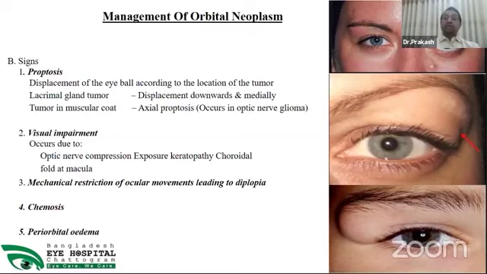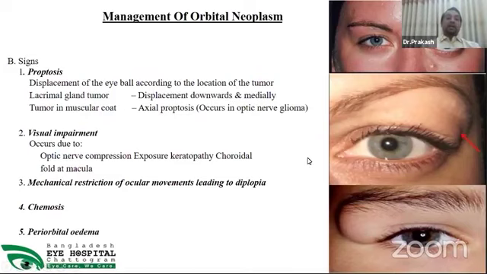So if you get axial proptosis, this is either thyroid eye disease or a growth within the muscle cone. But in a lacrimal gland tumor, the location of the lacrimal gland is in the outer part of the upper eye, so that will push the eyeball downwards and medially.